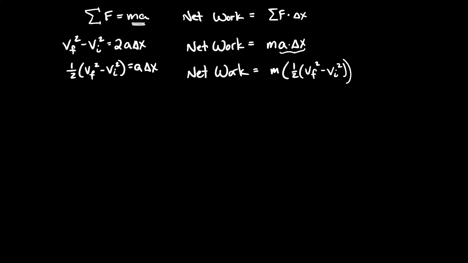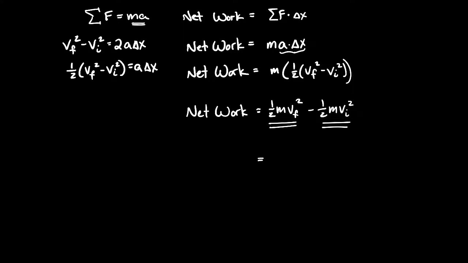I'm just going to distribute, which means that net work equals 1/2 M V final squared minus 1/2 M V initial squared. You guys see that? What are these? What is 1/2 MV squared? Kinetic energy. That's right. Thank you.